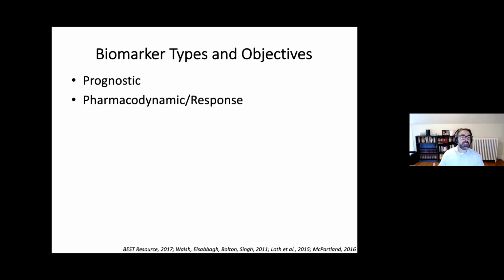There are biomarkers that are called either pharmacodynamic response, or another way of putting it would be like a target engagement biomarker. That if you thought a medication, or if you thought even a behavioral treatment was expected to affect a neural system, it might show you that neural system is being engaged, right?